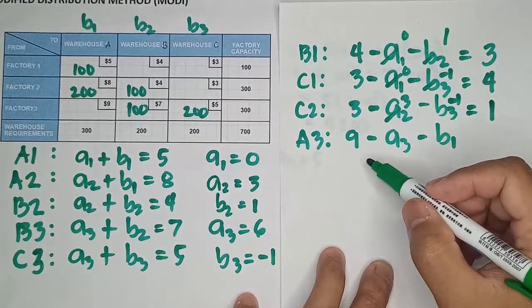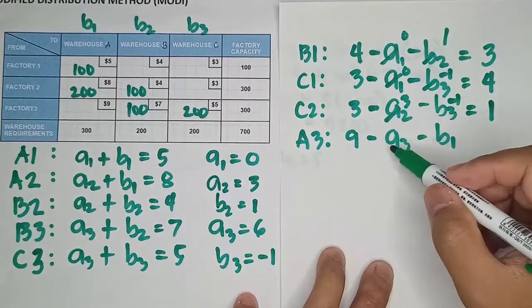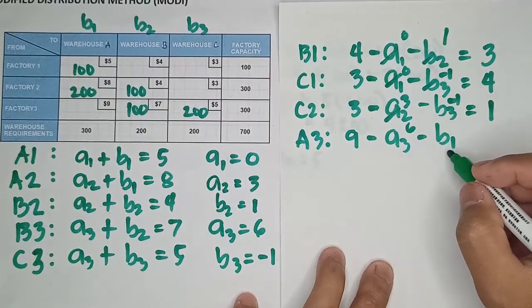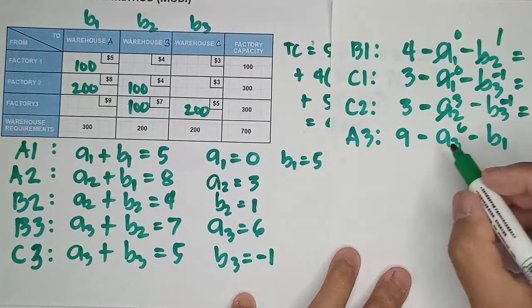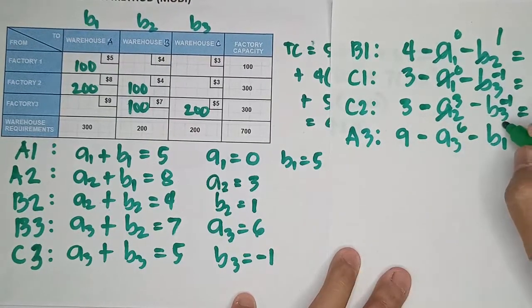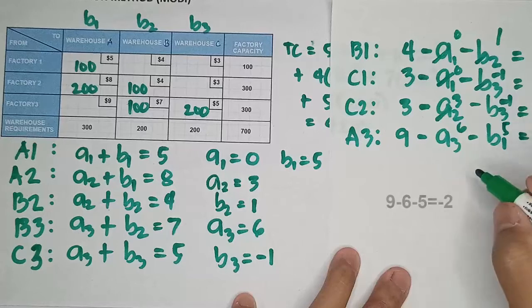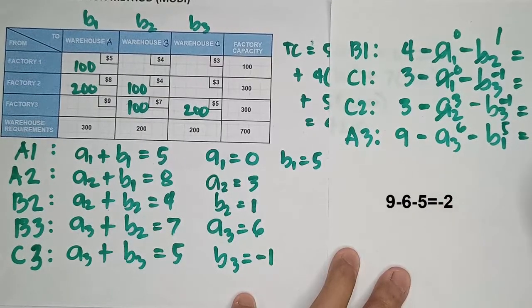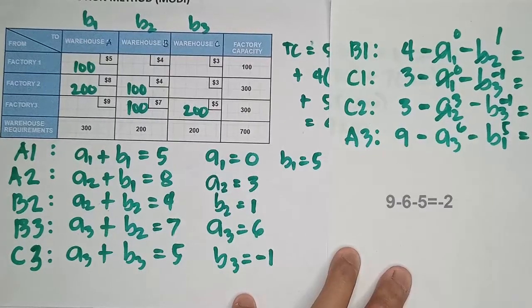And on cell A3, the value of A3 is 6 and the value of B1 is equal to 5. Therefore, this is equal to 9 minus 6 minus 5, which is -2.